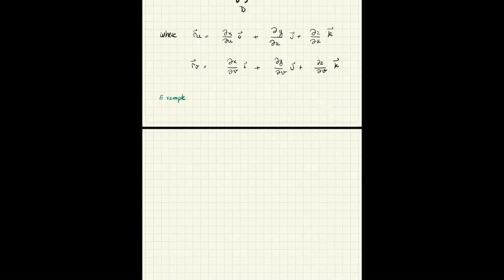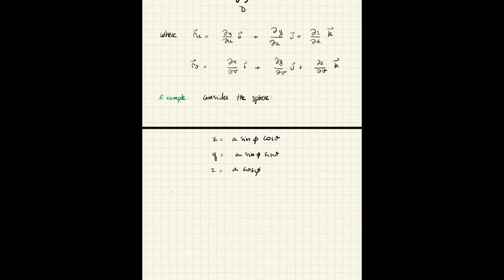So consider the sphere. You see, we got our parameterization of the sphere earlier. x is equal to a sine phi cos theta, y is equal to a sine phi sine theta, z is equal to a cos phi.